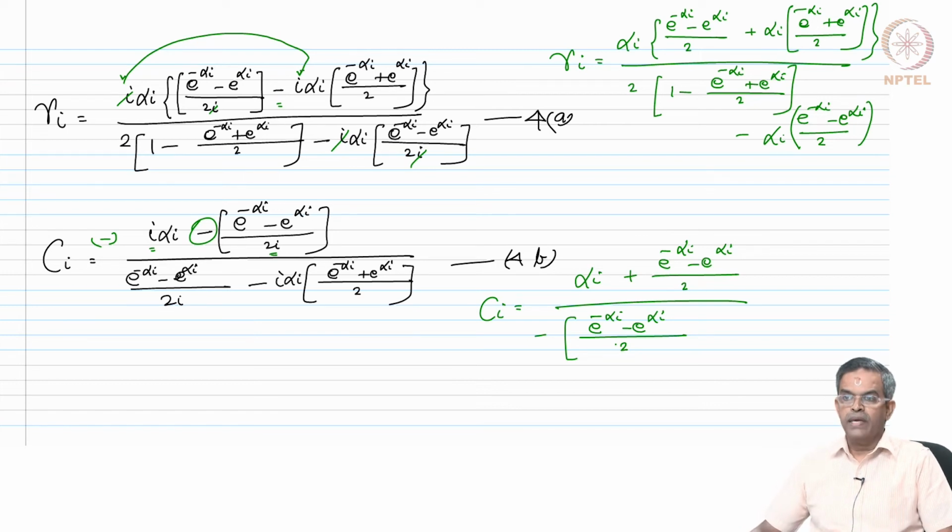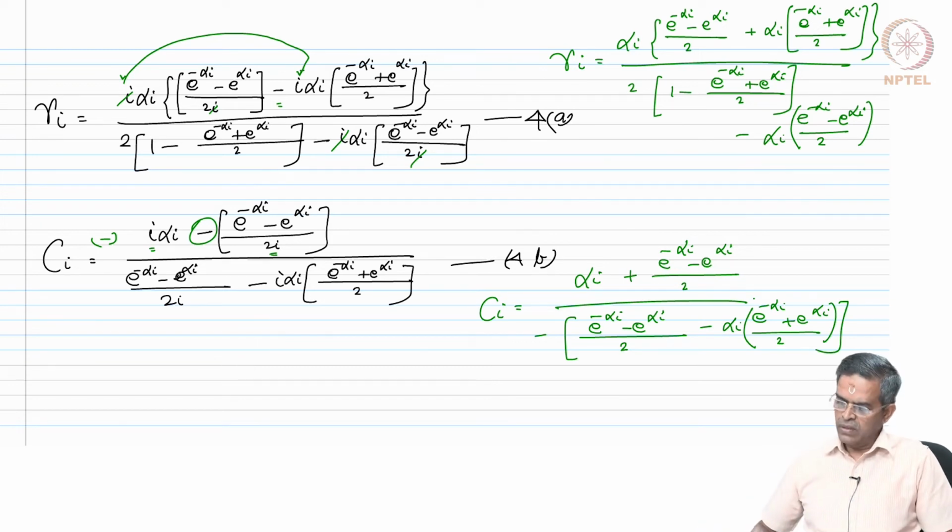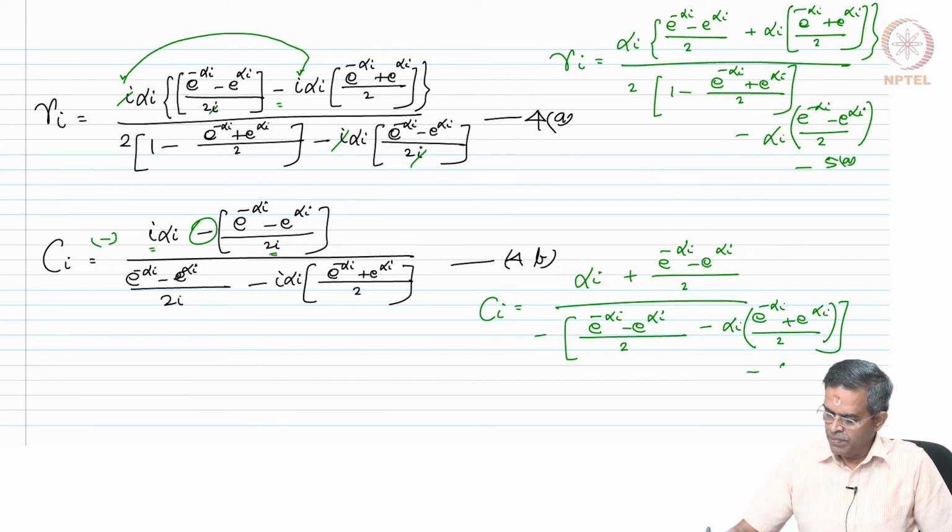I am removing this I. When I do that, this becomes minus, I gets cancelled. I am taking I constant out, minus alpha I times of E minus alpha plus E alpha by 2. That is my Ci. Call these equation numbers 5a and 5b.